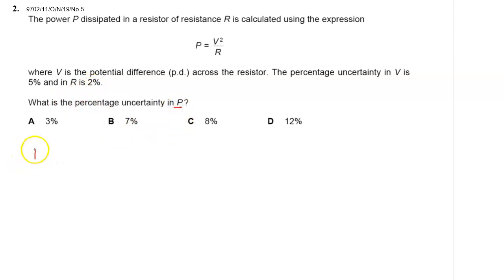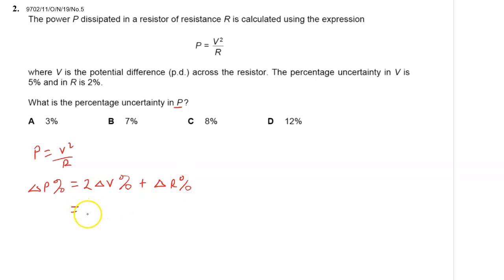Of course, we are told that P is V squared upon R, and we know that the percentage uncertainty of P is equal to the percentage uncertainty of volts, but since volt is squared, we get volts multiplied by 2 plus the percentage uncertainty of R. When you're given the percentage uncertainties, you just add them straight.